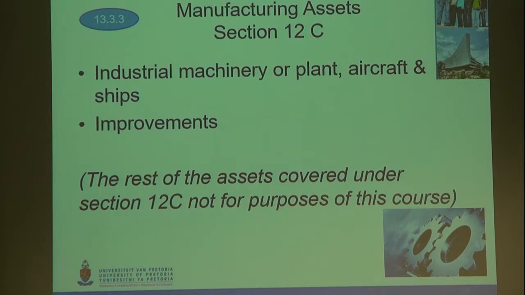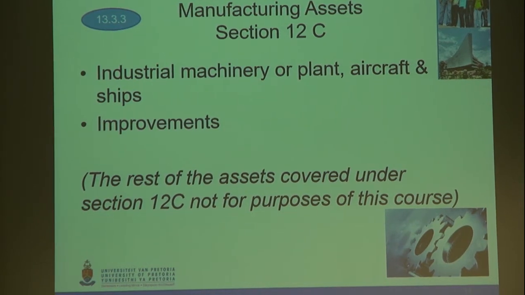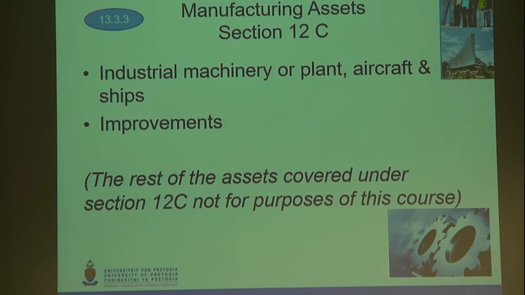The other thing we must remember is that manufacturing assets are generally very expensive. I remember when I was doing my articles, we went to audit a firm that was one of the car manufacturers, and we went into their manufacturing business. I'd always learned about these manufacturing machines, and in your head you've got a little picture of a machine standing there, pumping out units.